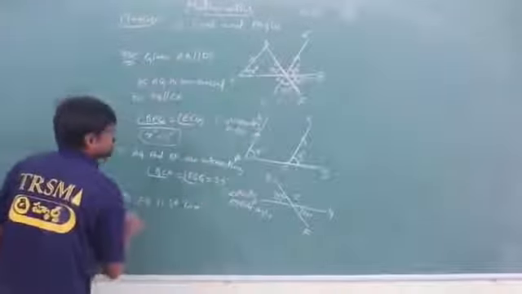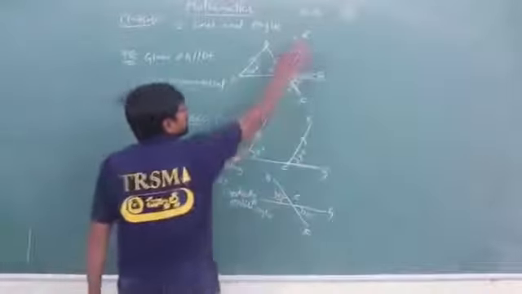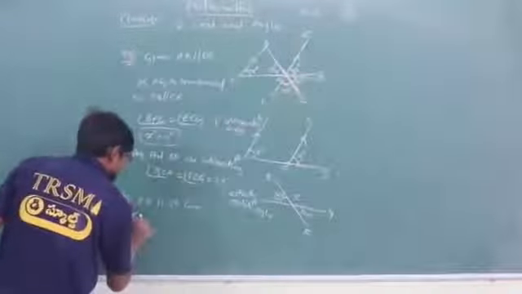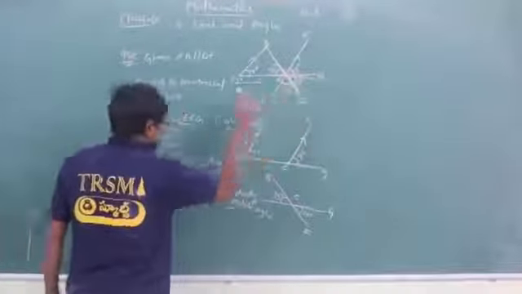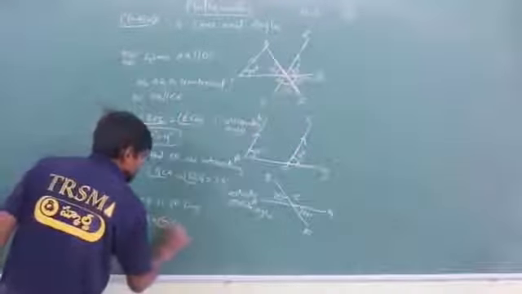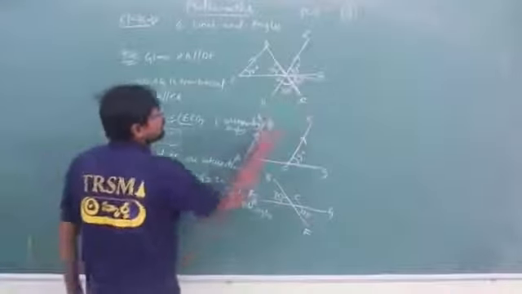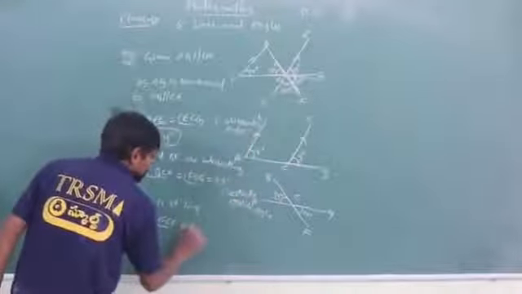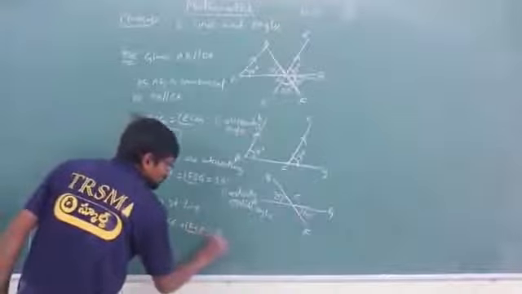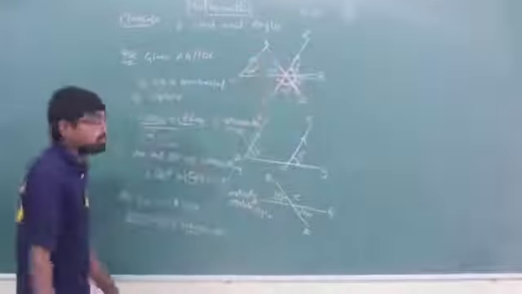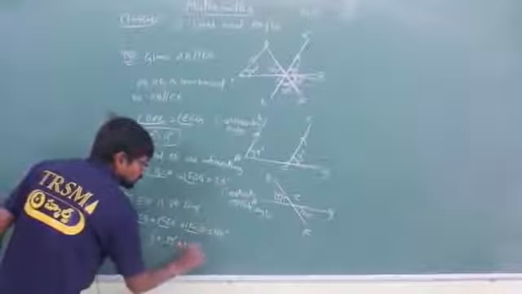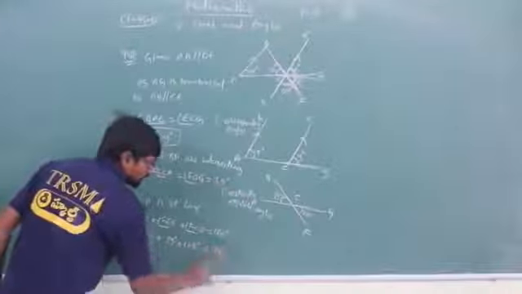Therefore angle ECG plus angle GCF plus angle FCD is equal to 180 degree, straight line angle, isn't it? The sum of all three angles, that is, y degree plus 35 degree plus 105 degree, is equal to 180 degree.